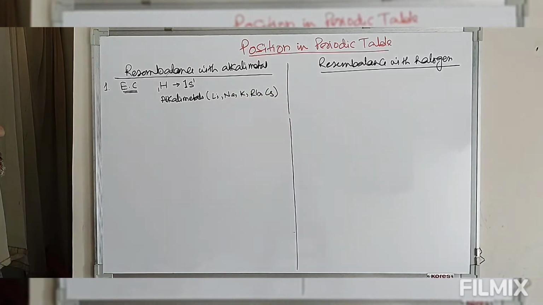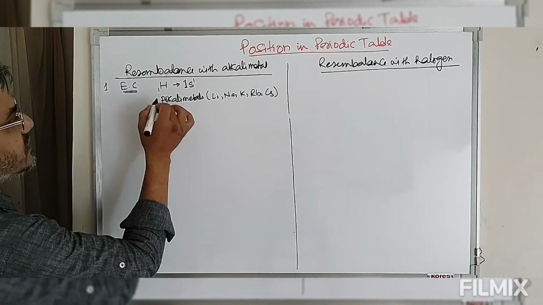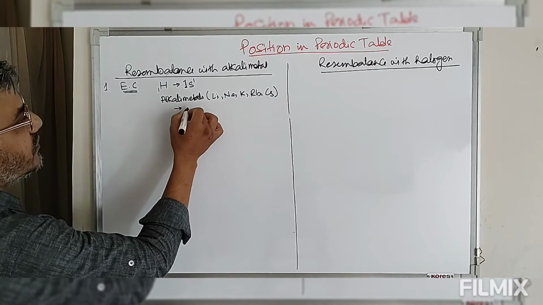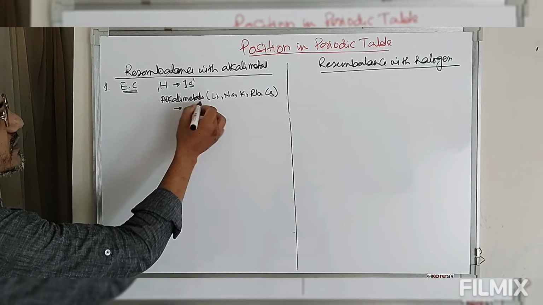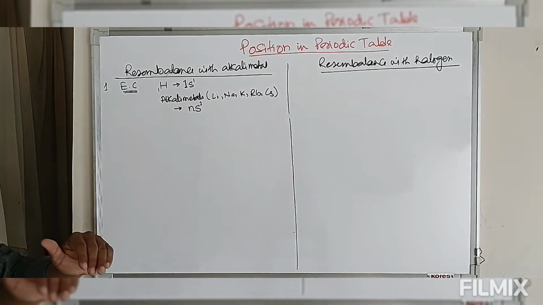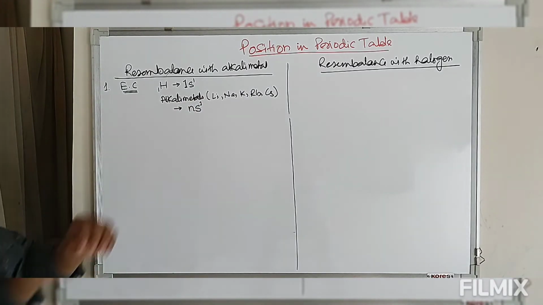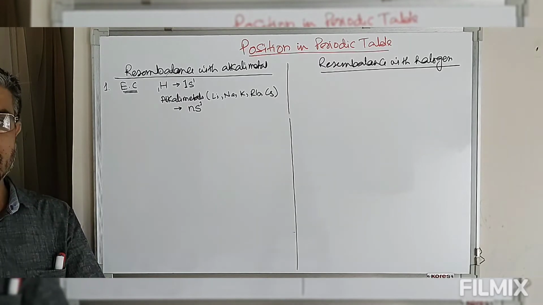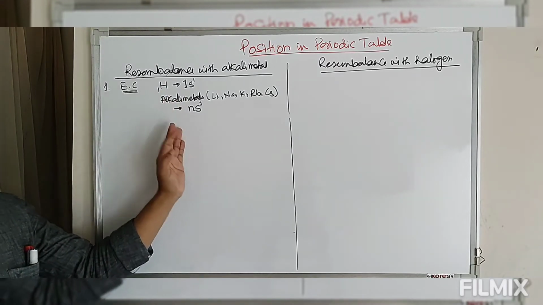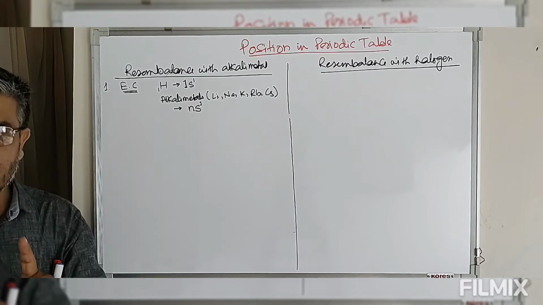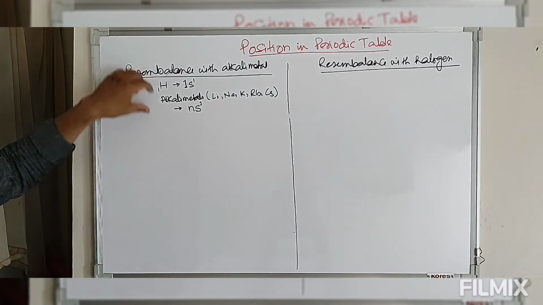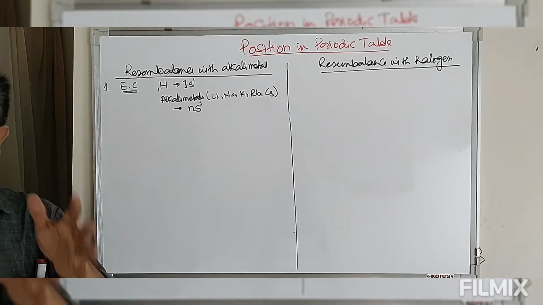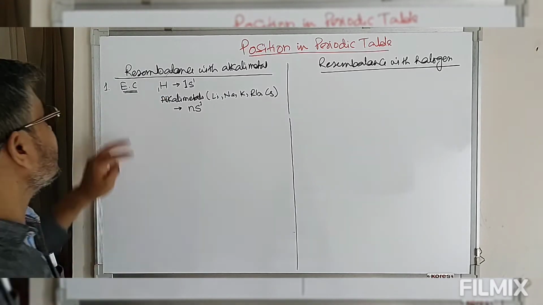These are alkali metals. These alkali metals have the electronic configuration ns1. So these also contain one electron in the valence shell. Now in terms of the electron present in the valence shell, both hydrogen and alkali metals contain one electron in the valence shell. So based on this, these two are said to have similarities in properties.